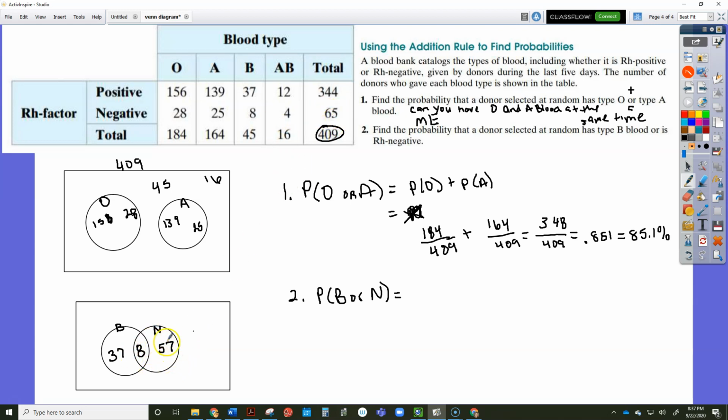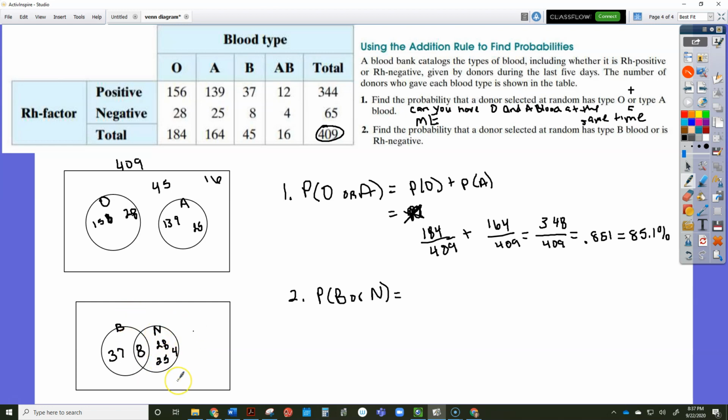So I've got 57 that are negative plus the 8 that are negative right here. And then I've got B blood, 37 that are positive and 8 that are negative. Okay, if that messes you up, then just erase that 57 right there and put 28 and 25 and 4.